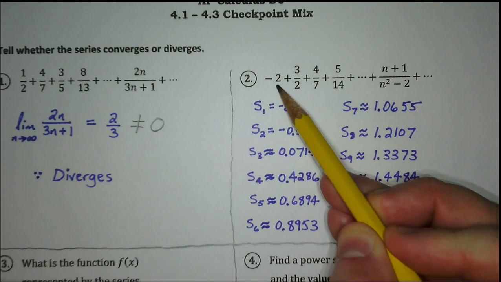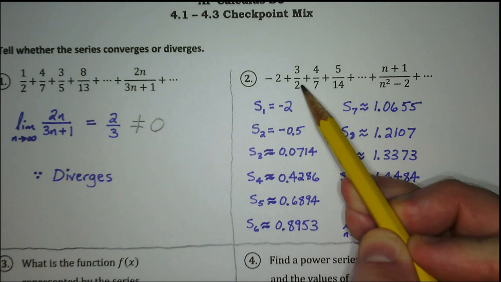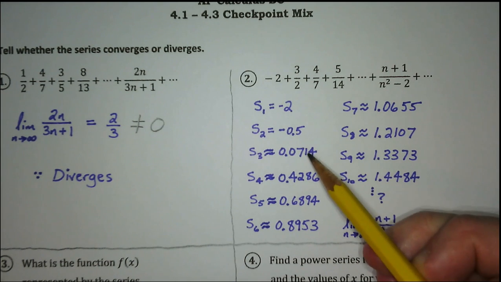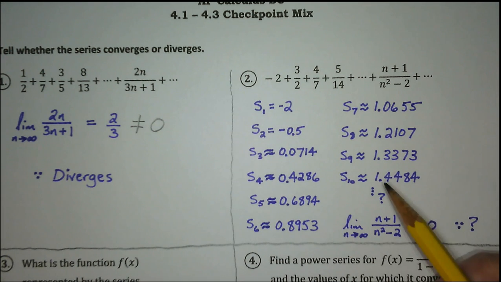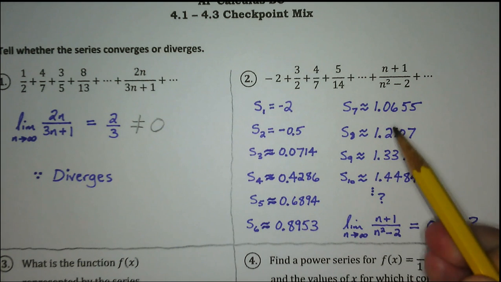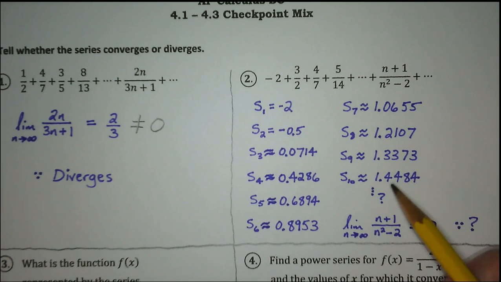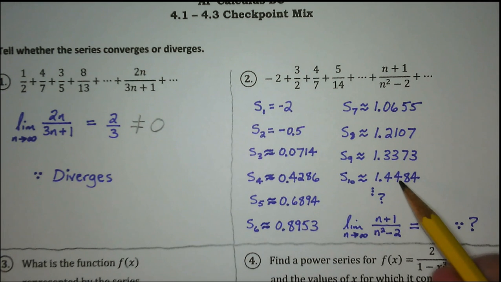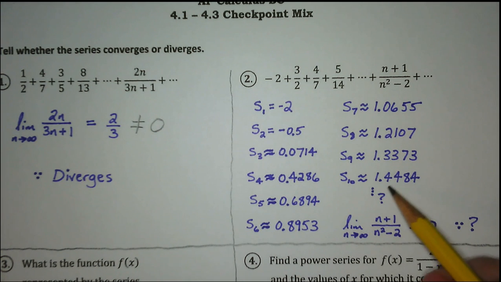Obviously it starts off as -2, and then when you add the next term, you end up with that. And then when you add in the next term, you get that. And then you get this running sum, and I'm not getting any conclusive evidence here one way or another, whether this sum is converging to something in particular or it's diverging.